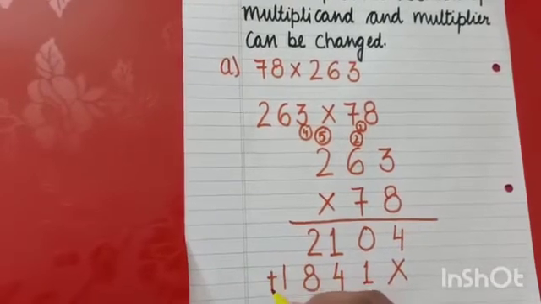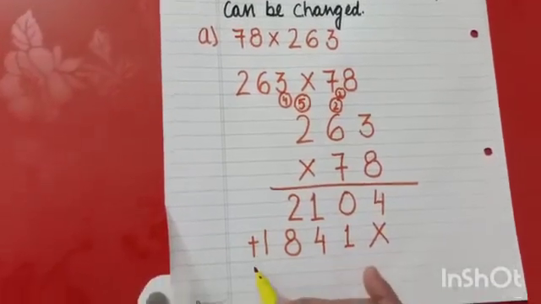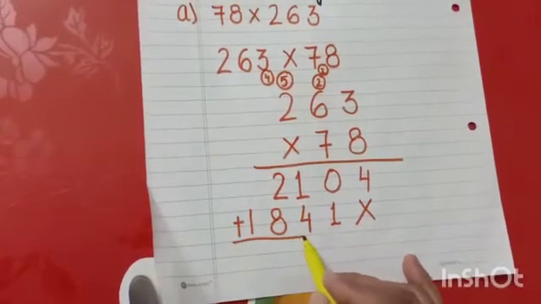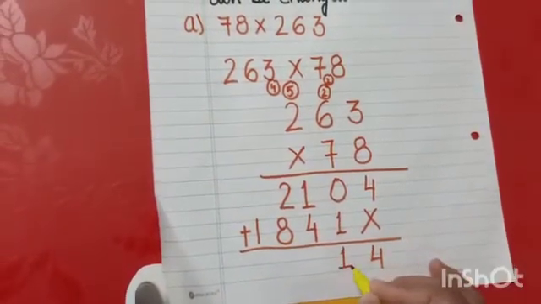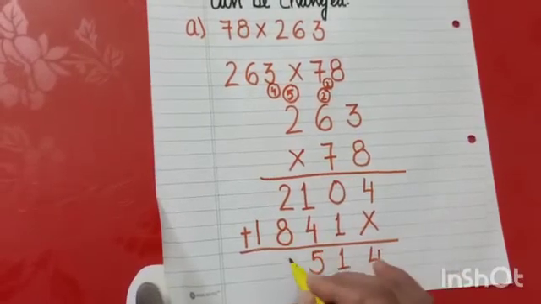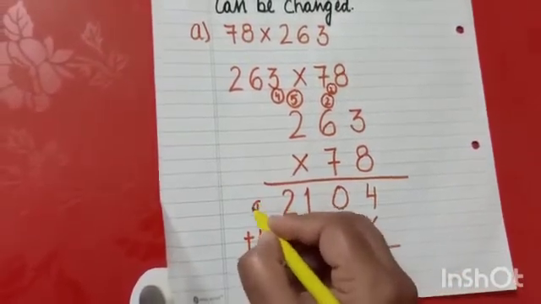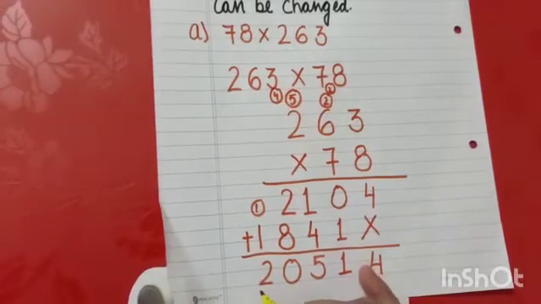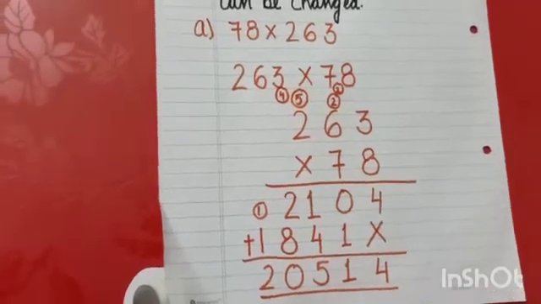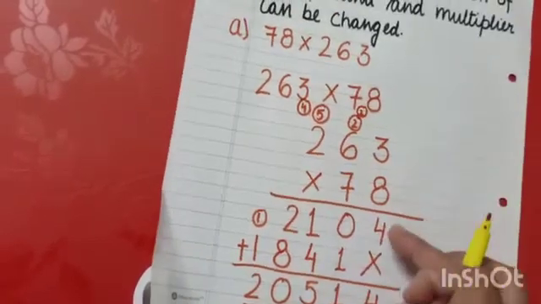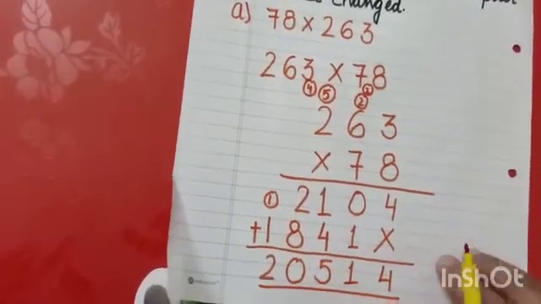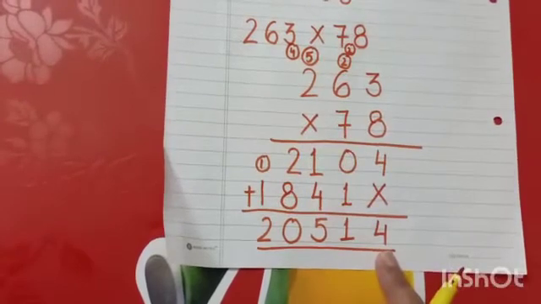So now I am going to add this. 4, 1 5, 10, 2. So now this is my multiplicand, multiplier, and the answer is known as the product.